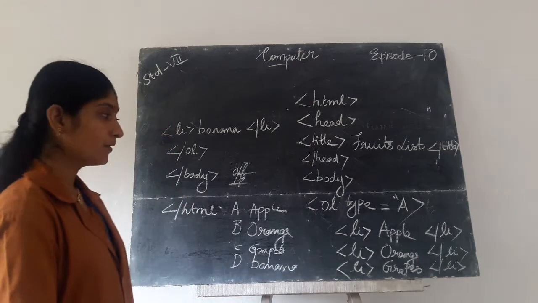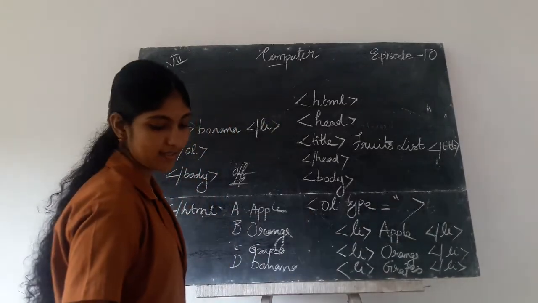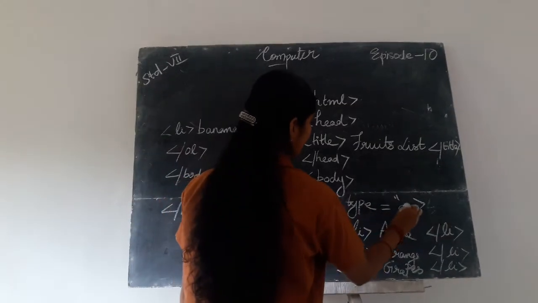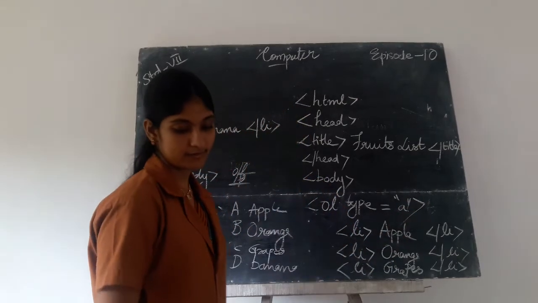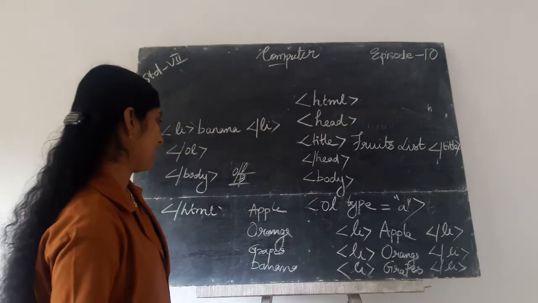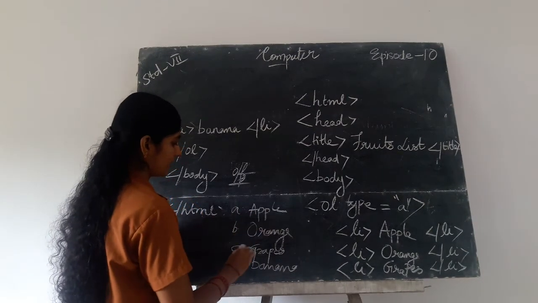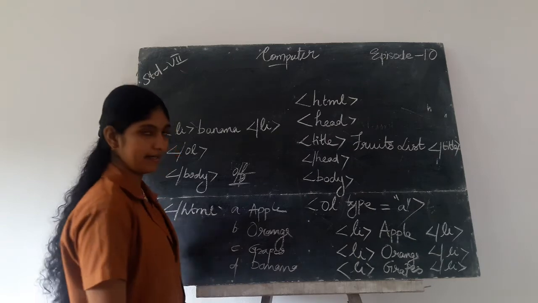Then if you change it to type equals small letter a, what happens? a apple, b orange, c grapes, d banana.